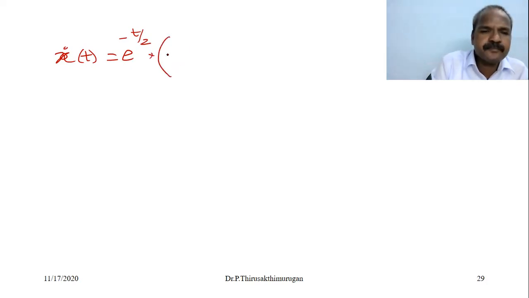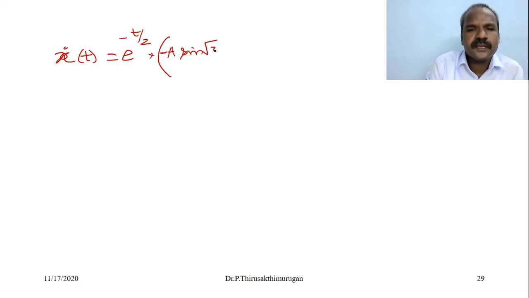So A, minus A sin √3/2 t into √3/2, right?